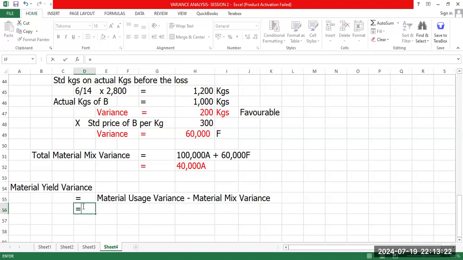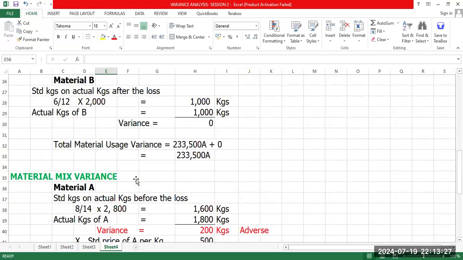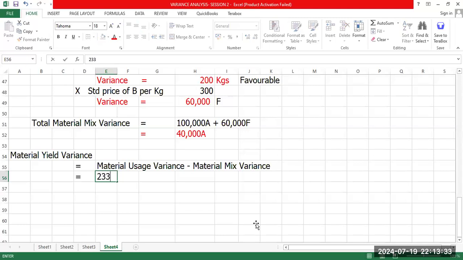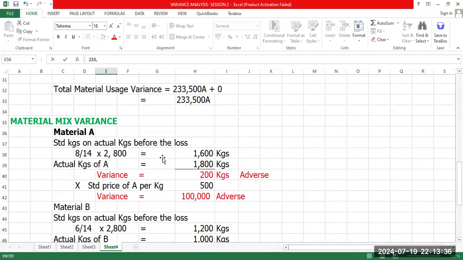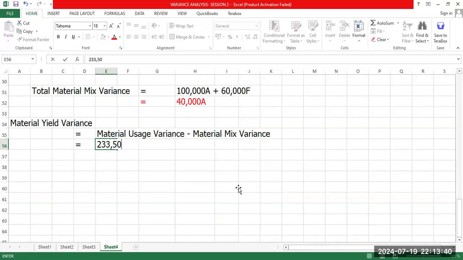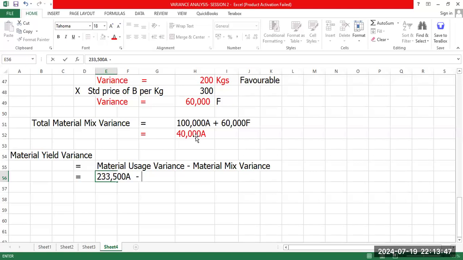And we have everything. What is material usage variance? We calculated that on the total. It is 233,500 adverse. Then we subtract material mix, which is 40,000 adverse.